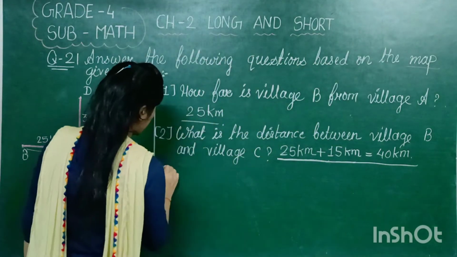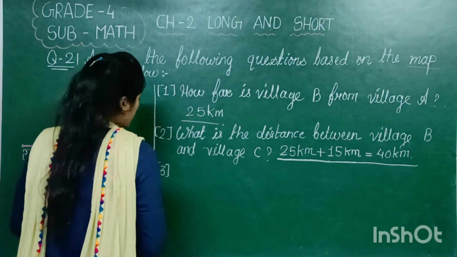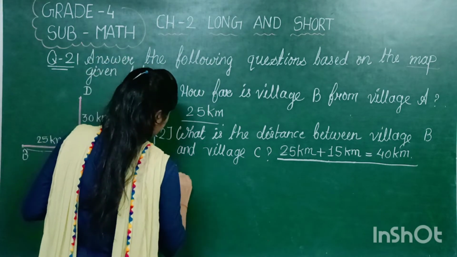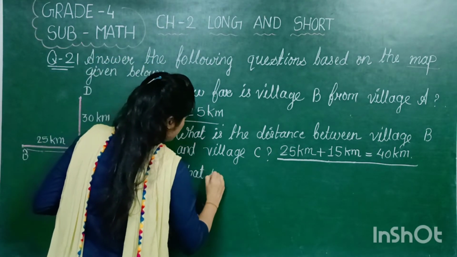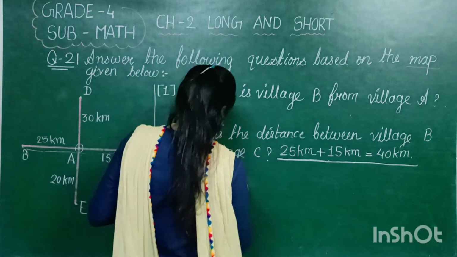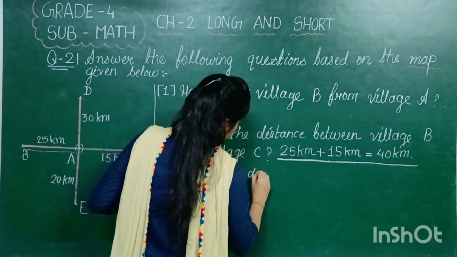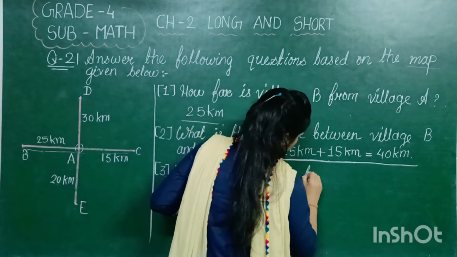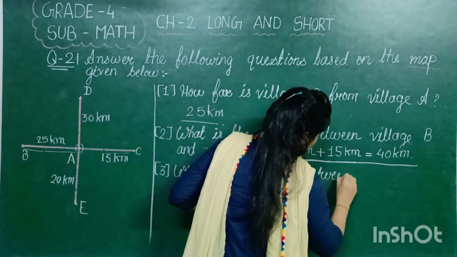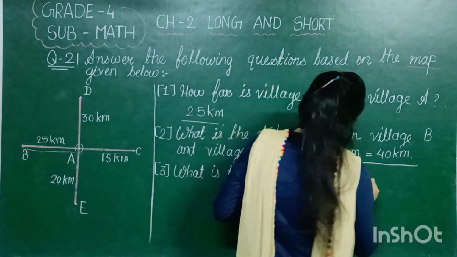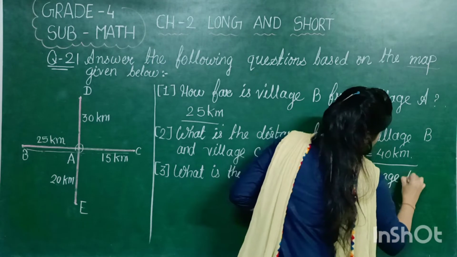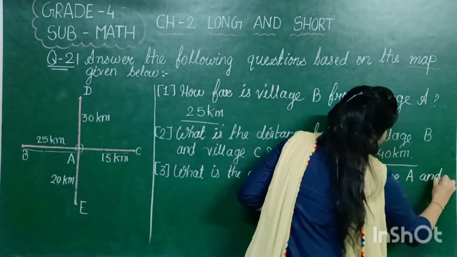Now question number 3. Question number 3 is given the same way, but the points are different. What is the distance between village A and village D?